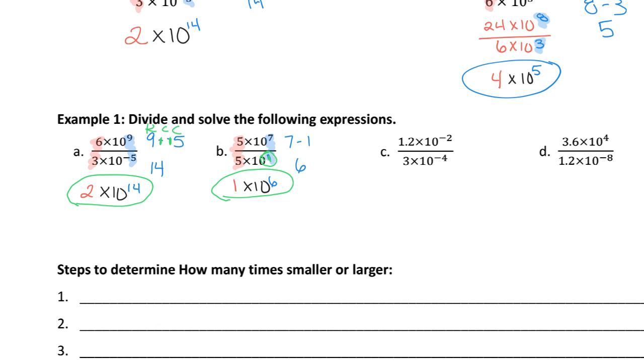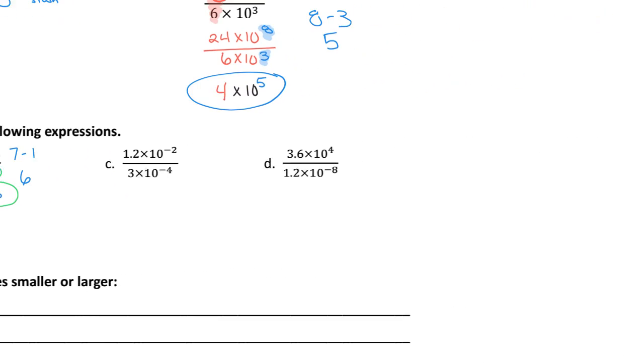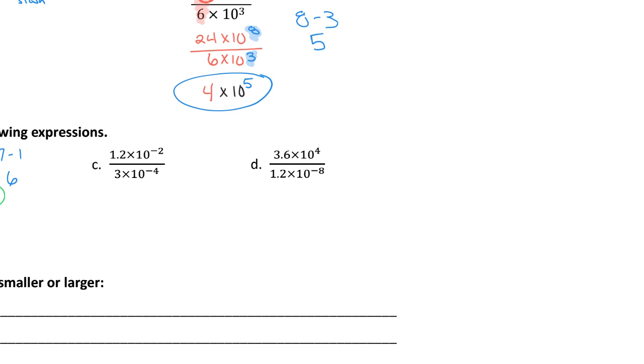All right, so I'm going to do one more with you, and then I'm going to let you do D. So again, we have decimals now, so remember we need to move it over. When we move it over, we need to subtract 1. So this is really 12 times 10 to the negative 3 over 3 times 10 to the negative 4. And then again, we divide our whole numbers, which we get 4.